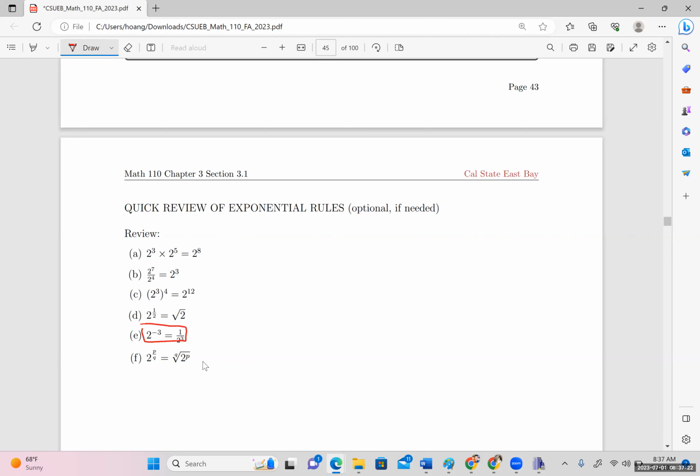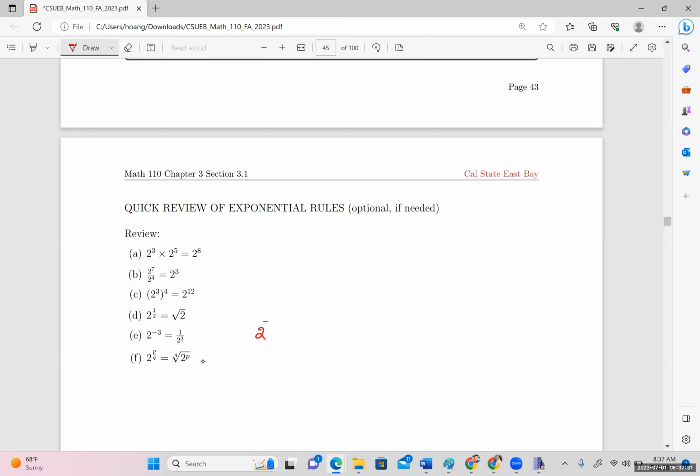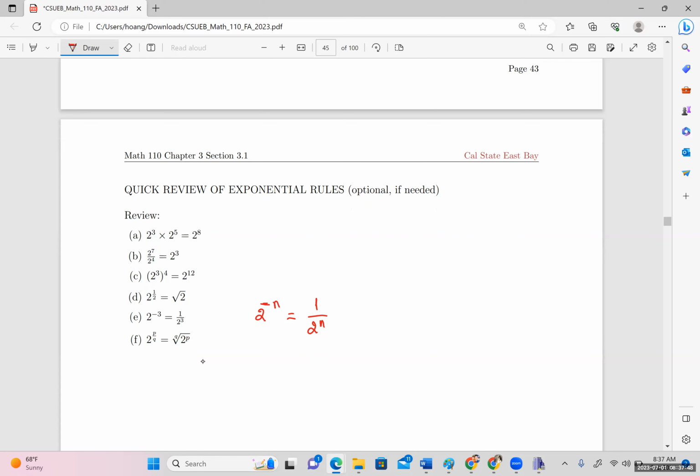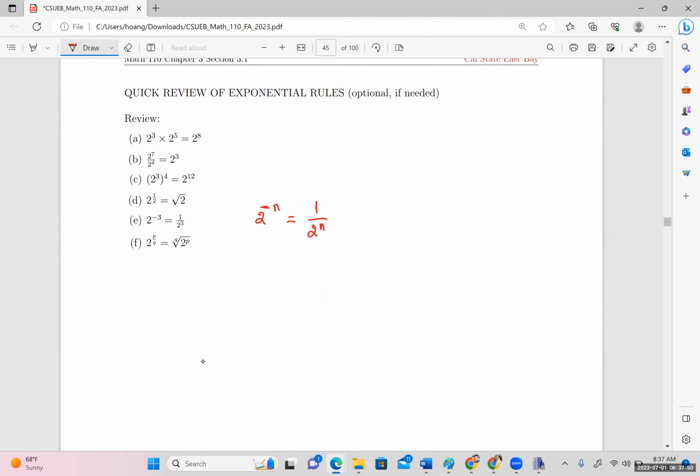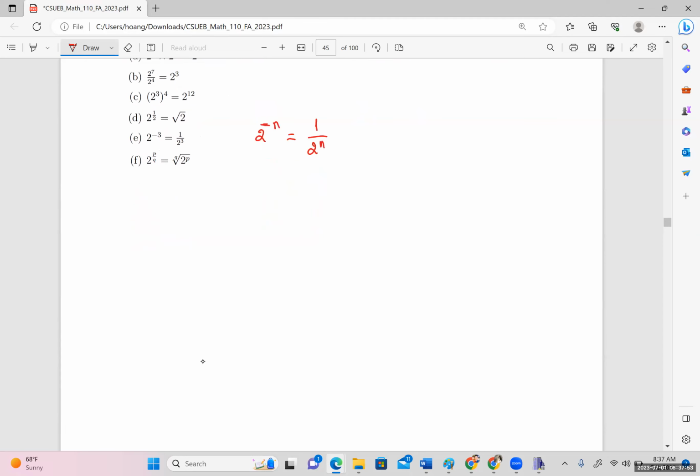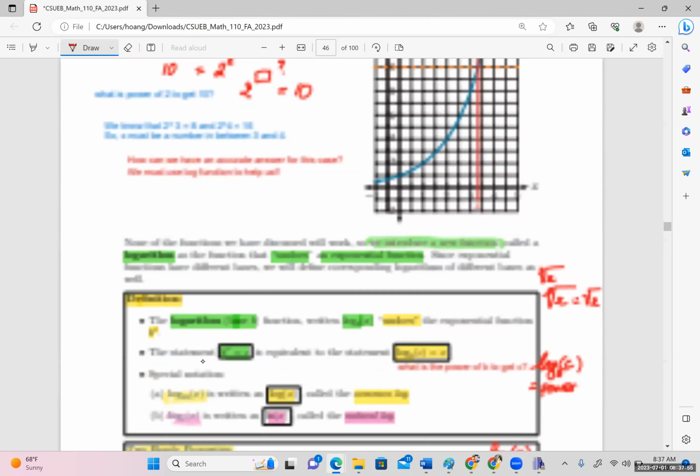So 2 to the power negative n can be rewritten as 1/2 raised to n. So that is the rule for applying in this case, okay?